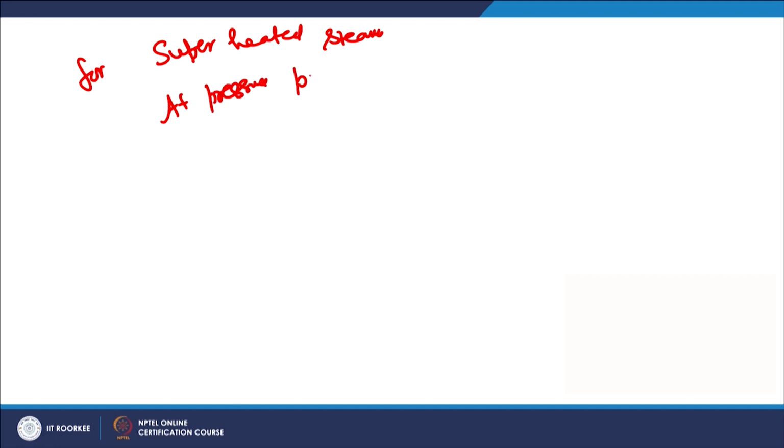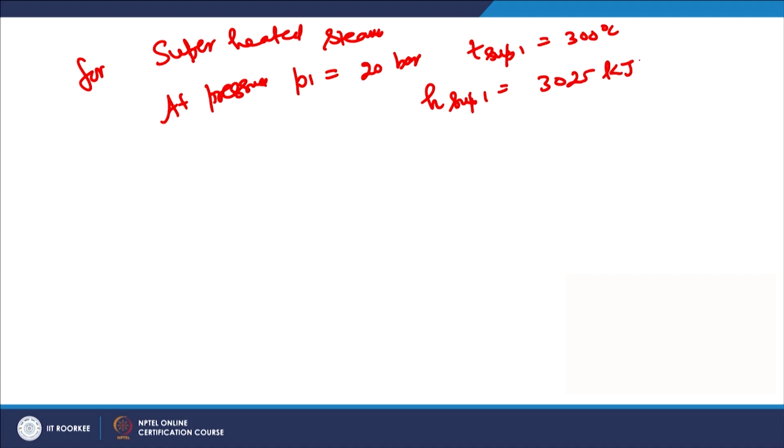Now again for superheated steam, at pressure P1 is equal to 20 bar, and we have found the temperature T 300 degrees Celsius. So enthalpy is equal to 3025 kilojoule per kilogram, and entropy is 6.768 kilojoule per kilogram Kelvin.